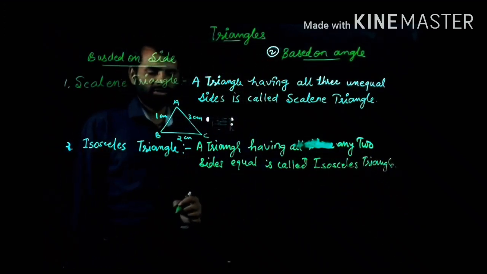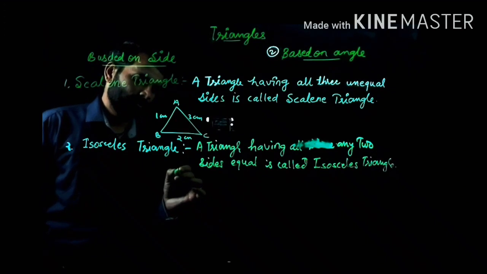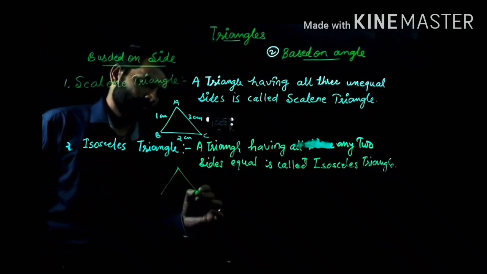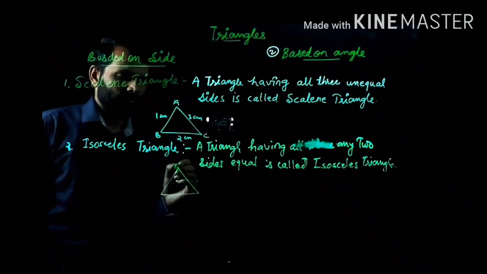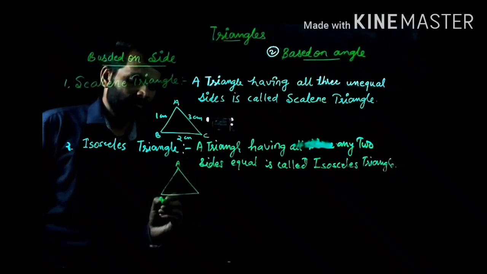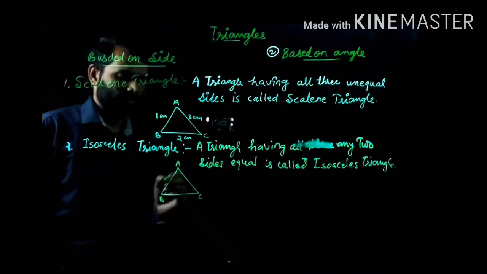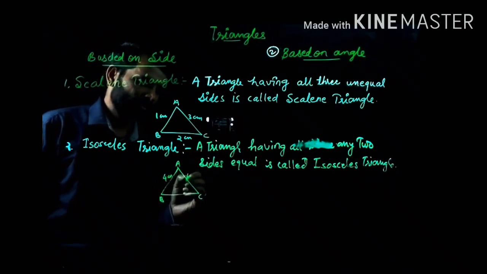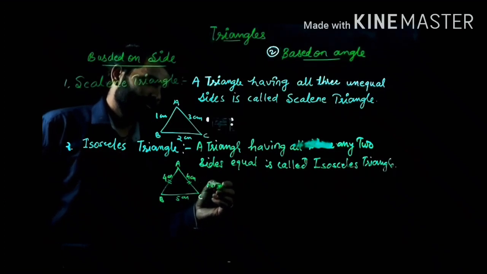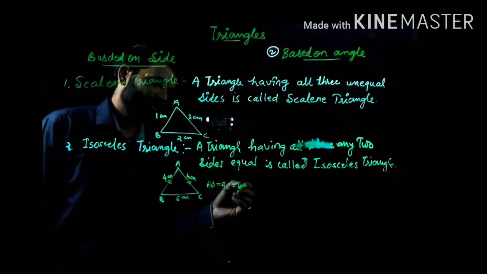Suppose a triangle ABC. The side AB is 4 centimeter and AC is 4 centimeter and this is 5 centimeter. The two sides AB equal to AC, the side length is 4 centimeter.